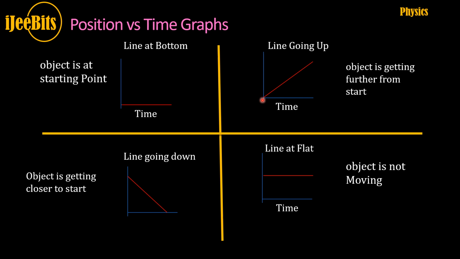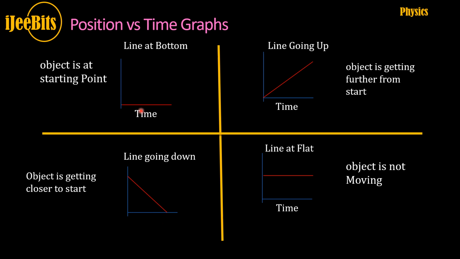So when you look at this kind of graph, the object is getting further from the starting point. This is how you can read a line going upward. In the other case, if the line is going downward, you are going back home; the object is getting closer to the starting position.